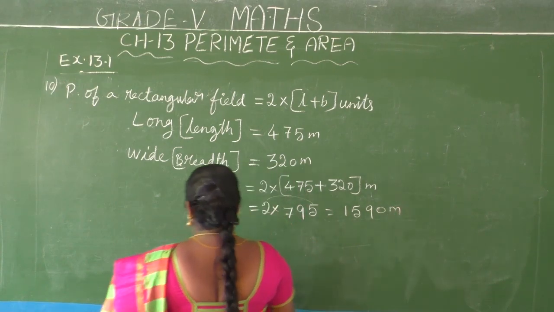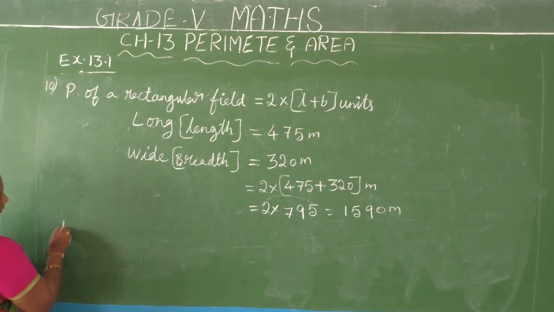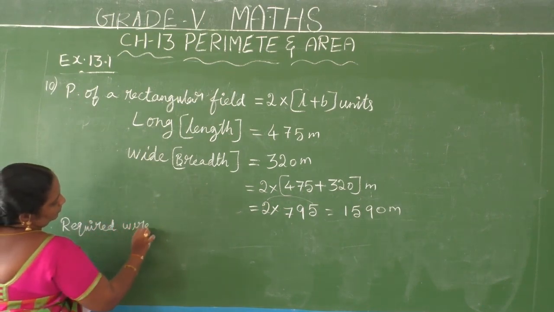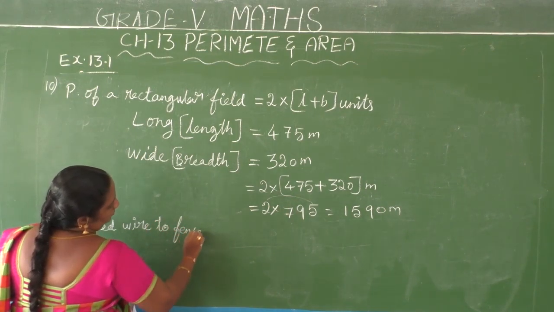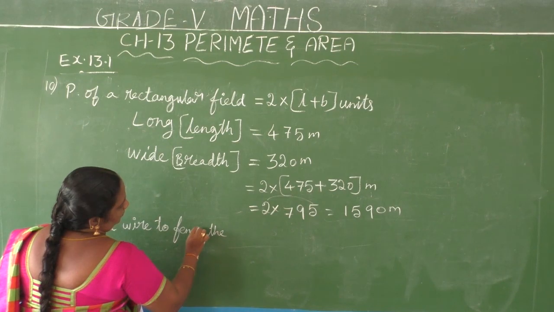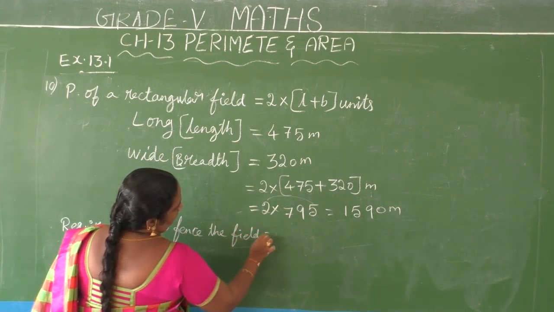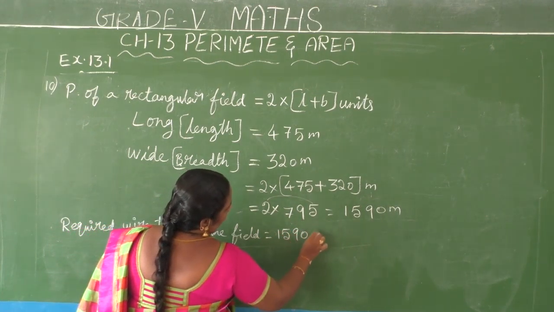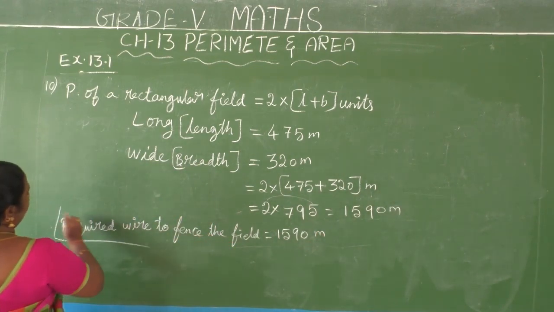So required wire to fence the field is 1,590 meter. We required 1,590 meter wire to fence the field.